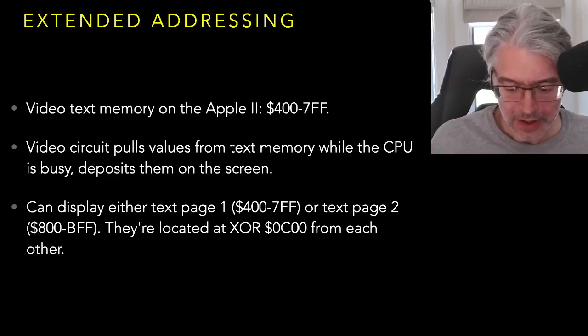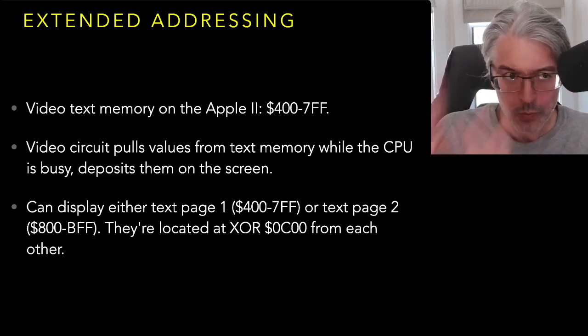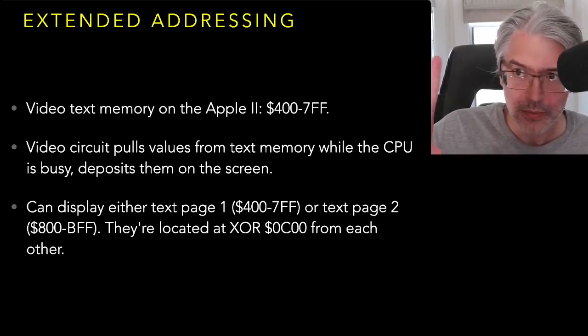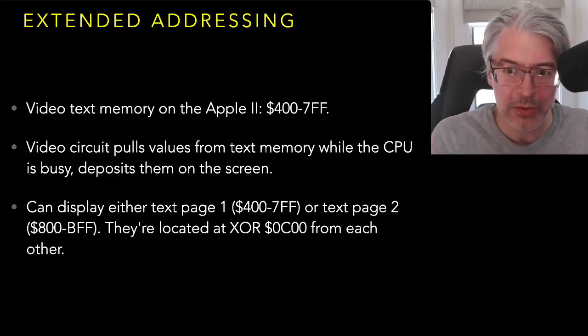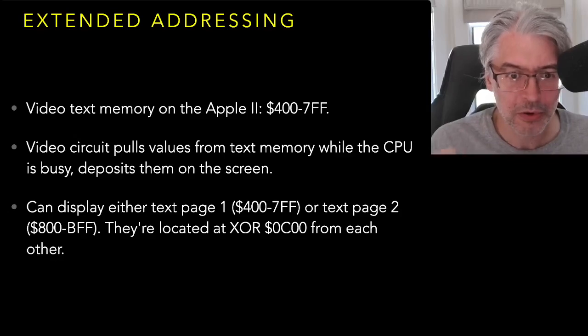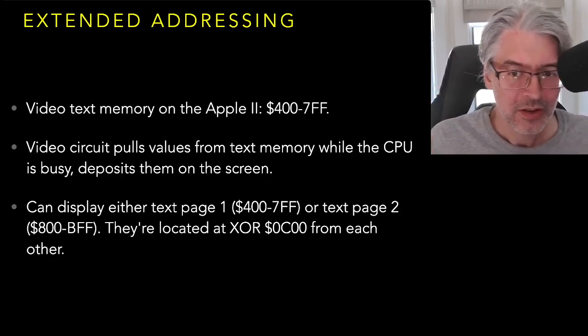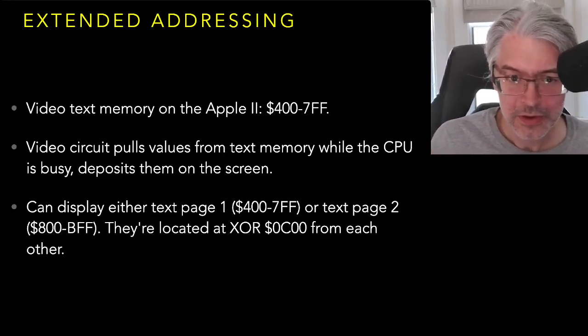So 80-column text mode takes the even characters from the 400 page and odd characters from the 800 page, and then displays them both at once. So in order to be able to do that, it has to pull them both in at once. 800 is 400 exclusive or C100.